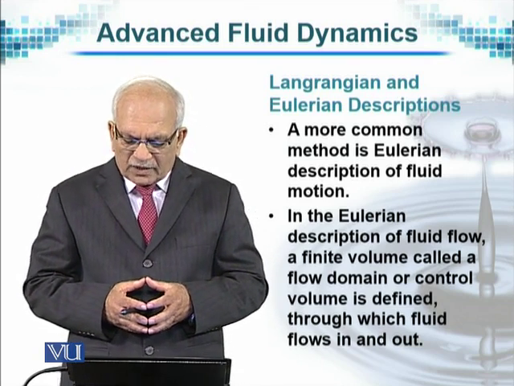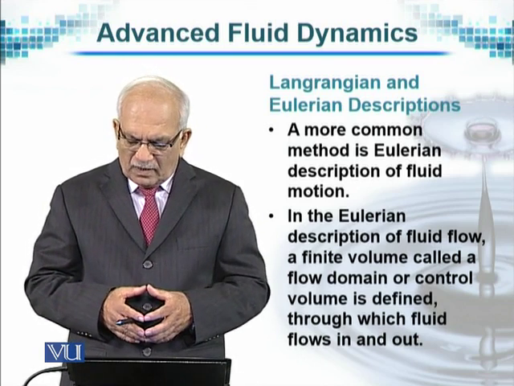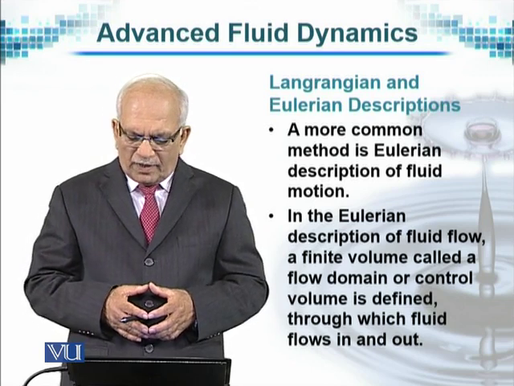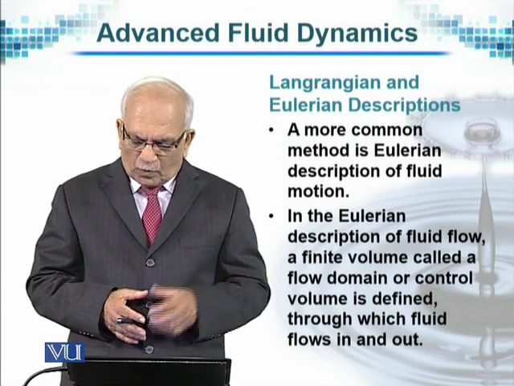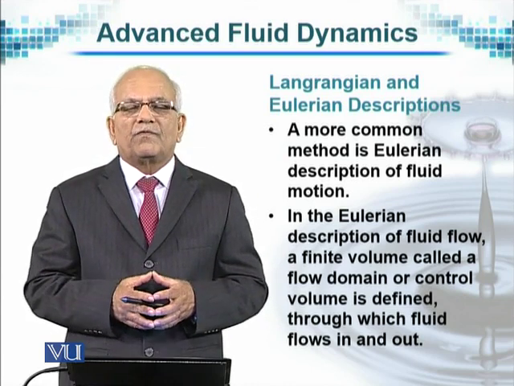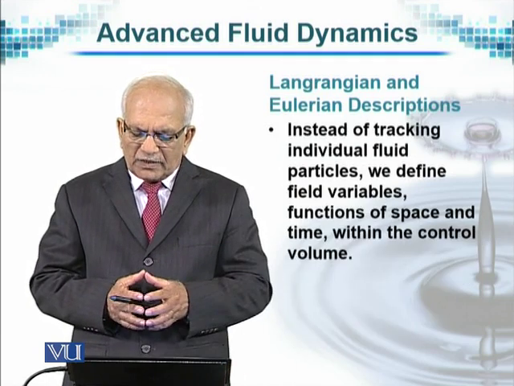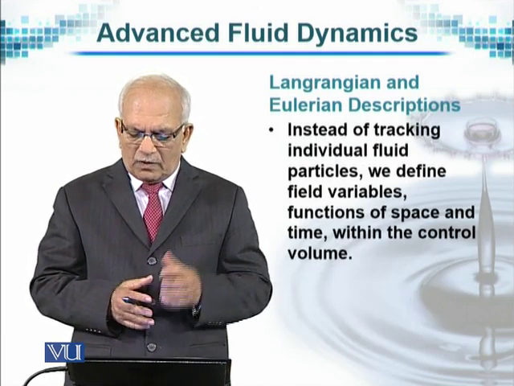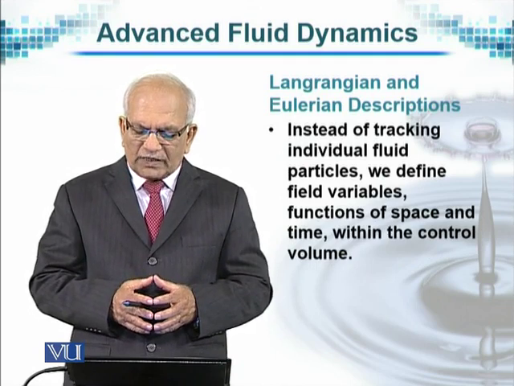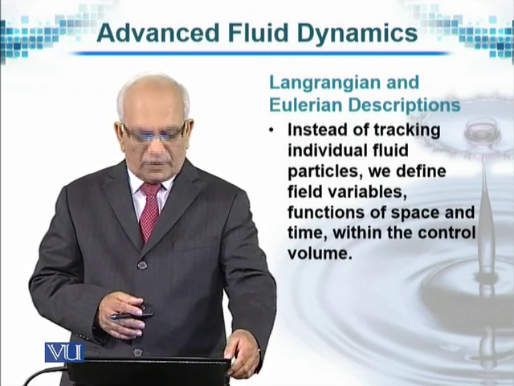In the Eulerian description, a finite volume, which I mentioned, called a flow domain or control volume, is defined, through which the fluid will move. Instead of tracking individual fluid particles, we just define field variables and see their variation.